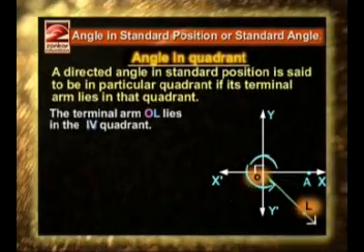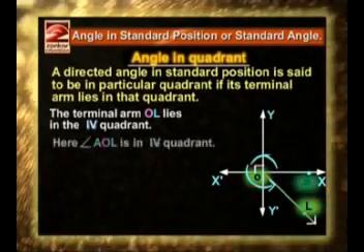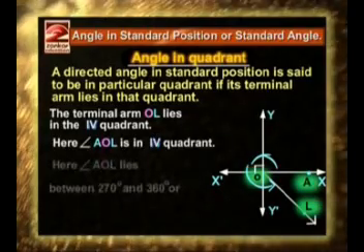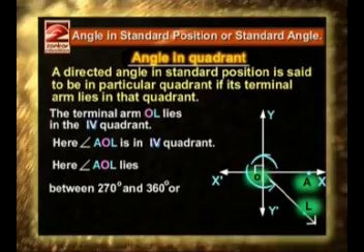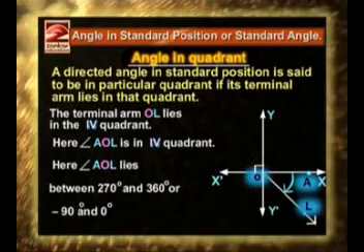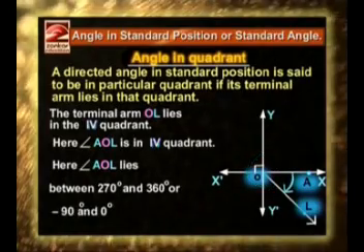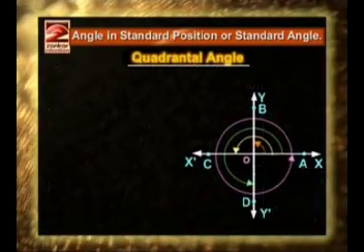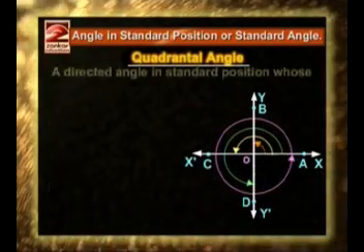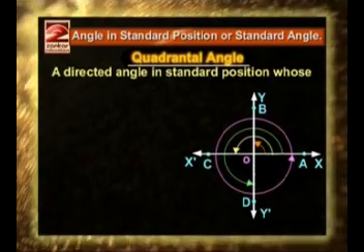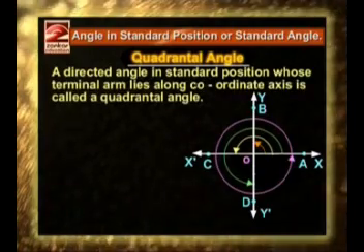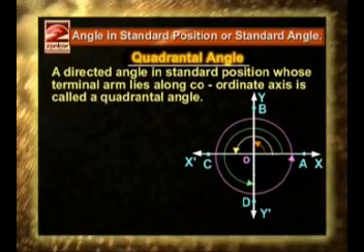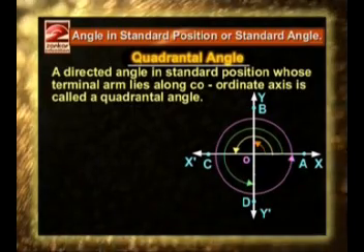Here the terminal arm OL lies in the fourth quadrant, so the angle is in the fourth quadrant and it lies between 270 degrees and 360 degrees or minus 90 degrees and 0 degrees. Now, quadrantal angle: a directed angle in standard position whose terminal arm lies along a coordinate axis is called a quadrantal angle.